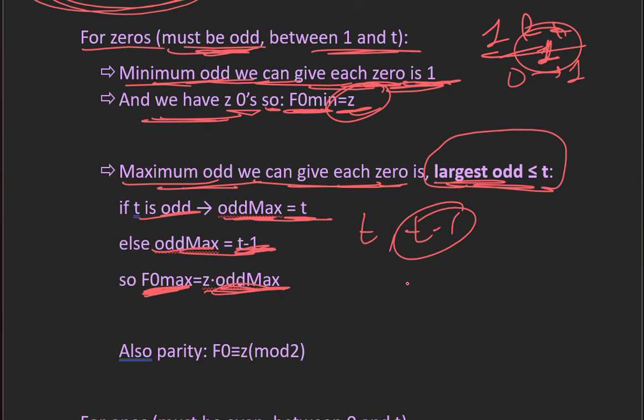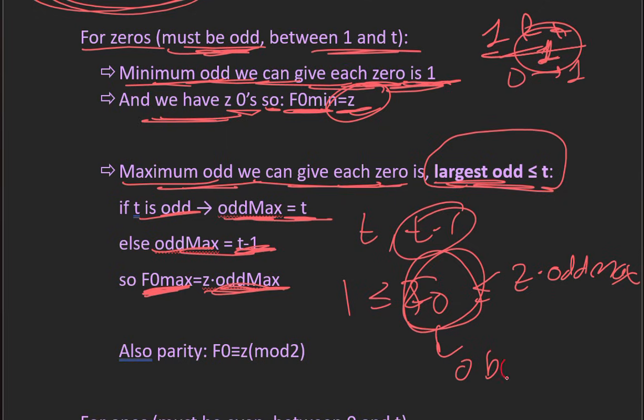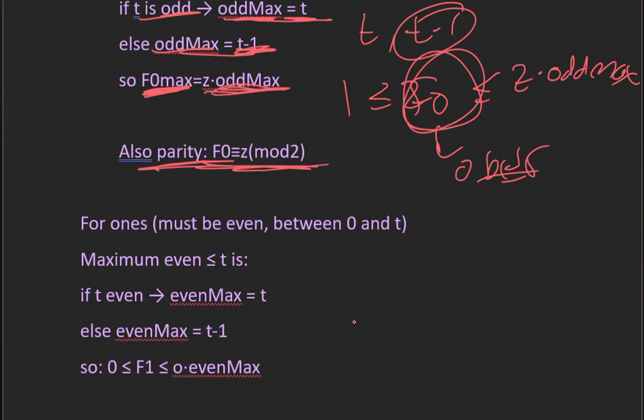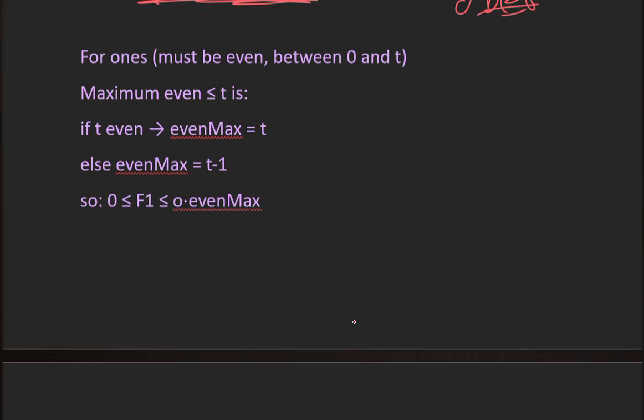So f naught is bounded by z into odd max, where f naught is the total number of flips for 0 bits, right? Also the parity of f naught should be congruent to z modulo 2, right?